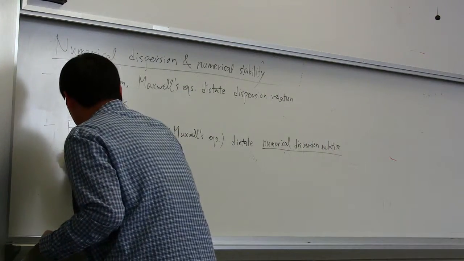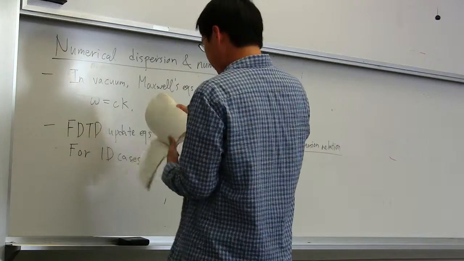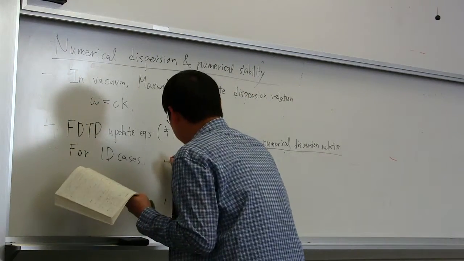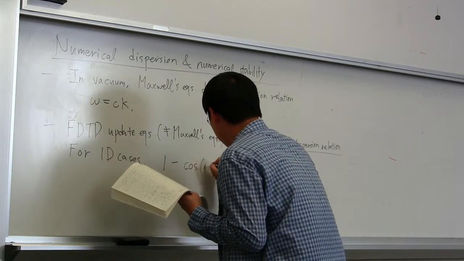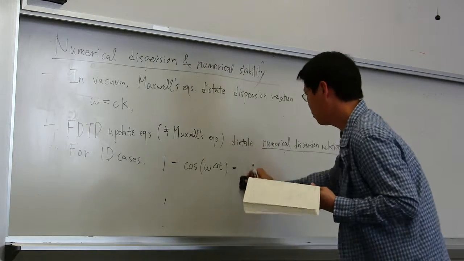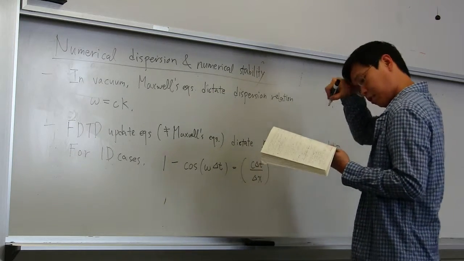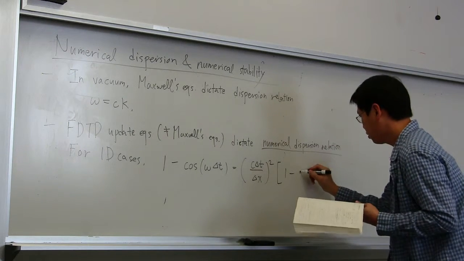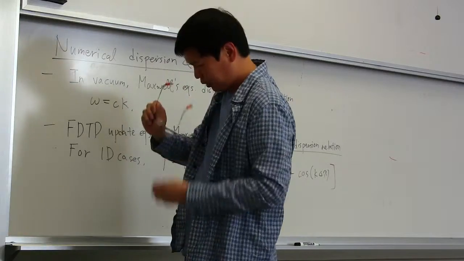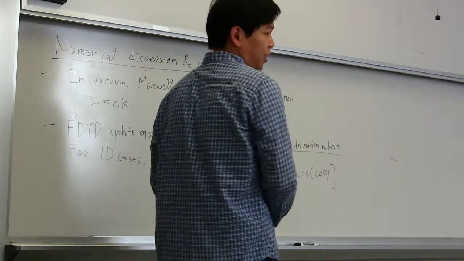So for 1D cases, it looks like this. Dispersion relation is, as I said, simply the relationship between the frequency omega and the wave vector k.